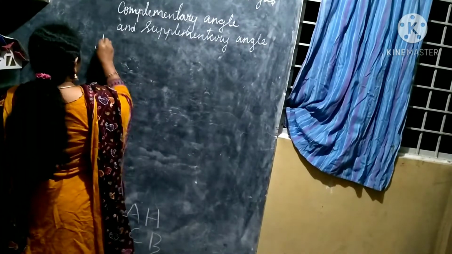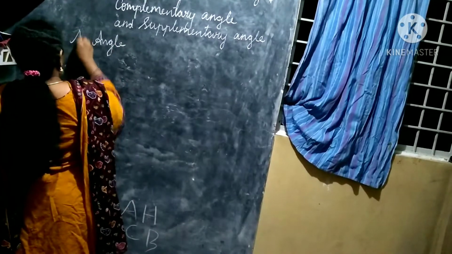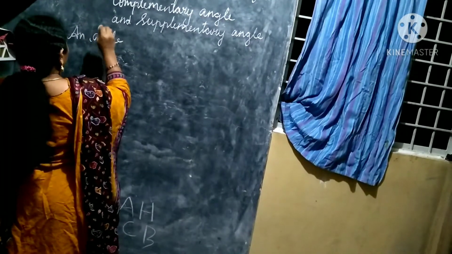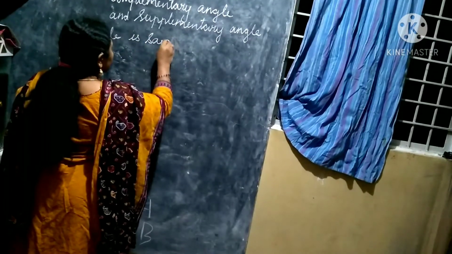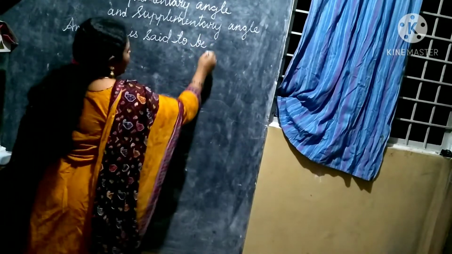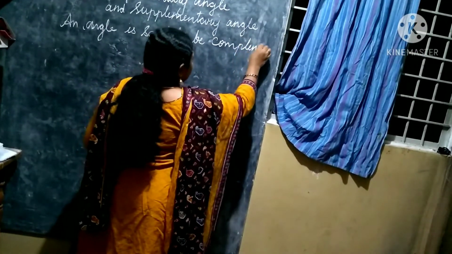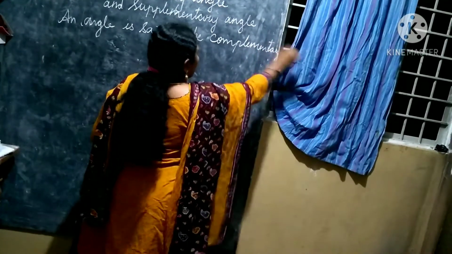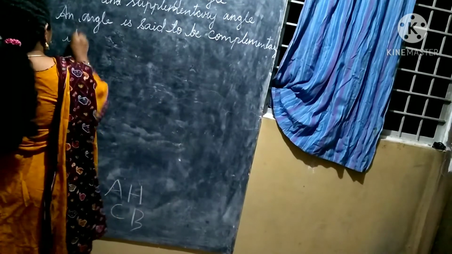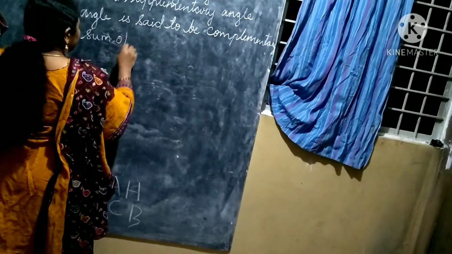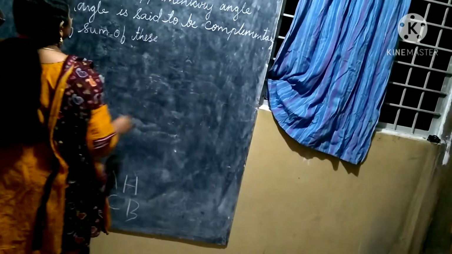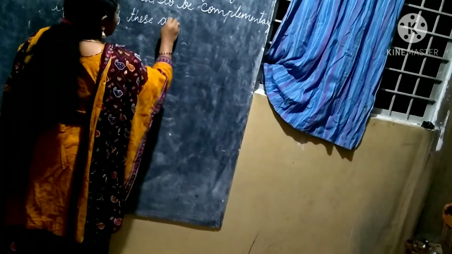An angle is said to be complementary if sum of these angles, so here it says two angles are said to be complementary if sum of these angles is equal to 90 degree.